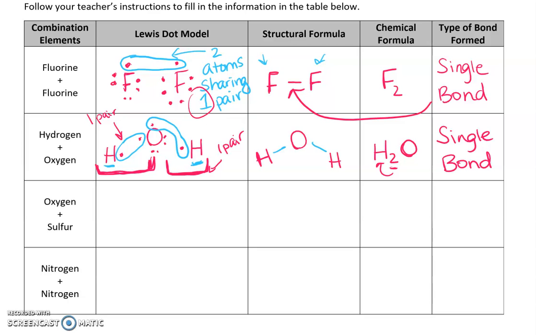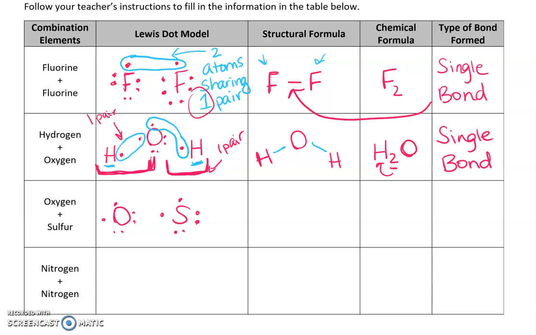So what would a double bond look like? Well, let's take a look at our next example. We have oxygen. Again, it's part of group 6. Has 6 valence electrons. Sulfur is also part of group 6. So it has 6 valence electrons.